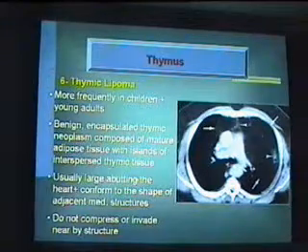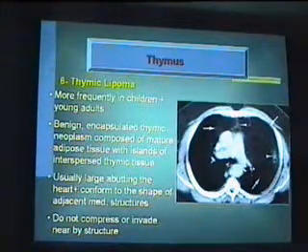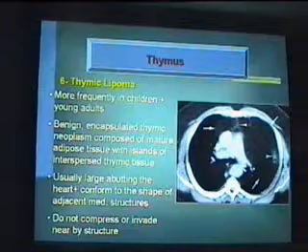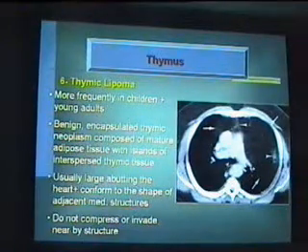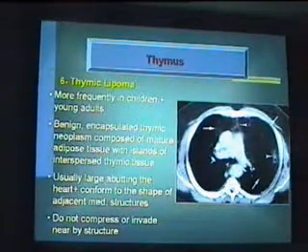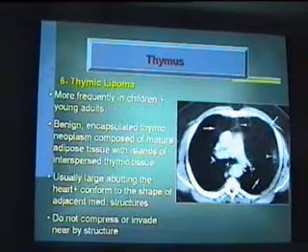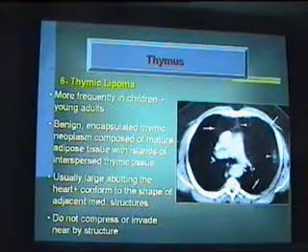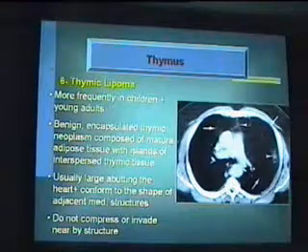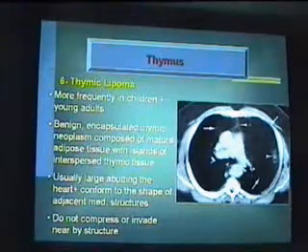Usually large, abutting the heart and conform to the shape of adjacent mediastinal structures. يعني إيه؟ يعني بتاخد شكل الستراكشر اللي جنبيها، ما بتزقهاش ولا تغير لي شكل الهامب بتاع البالمونري أرتري ولا أي حاجة. It doesn't compress or invade the nearby structure because it's a benign neoplasm of the thymus.